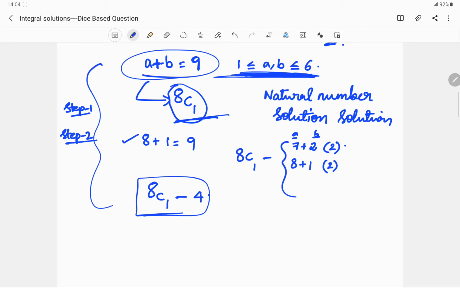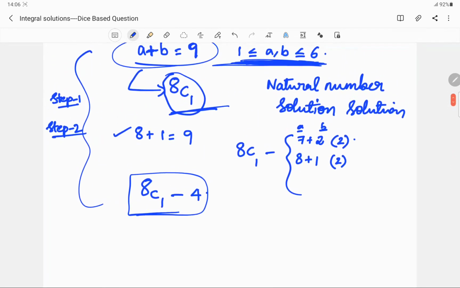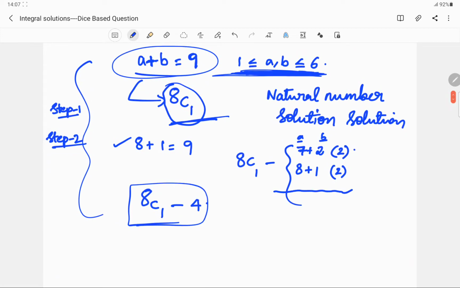Now instead of solving this question in this way, here we were listing out the cases when a was greater than 6 or when b was greater than 6, and then subtracting. Instead of listing these cases, we can simply substitute. Assume that a is greater than 6.